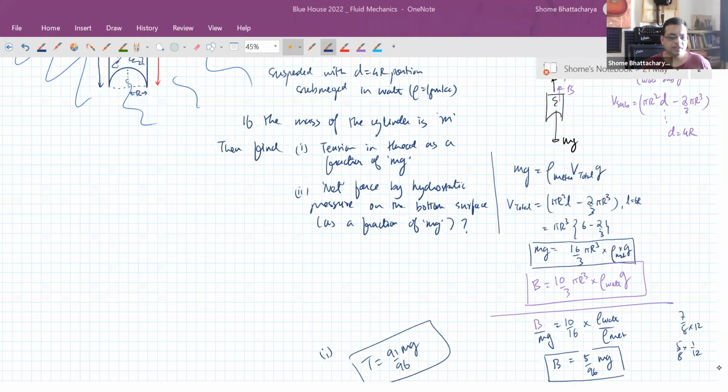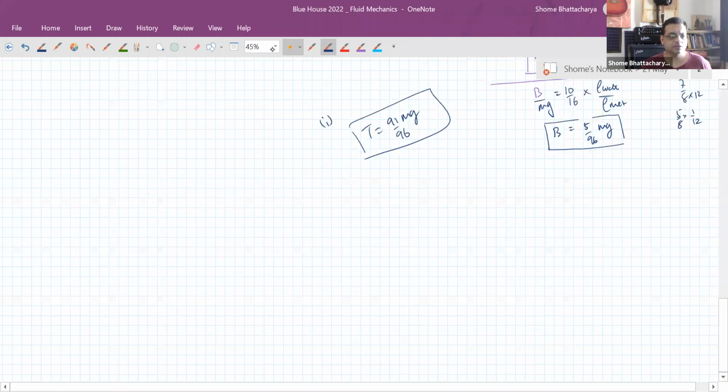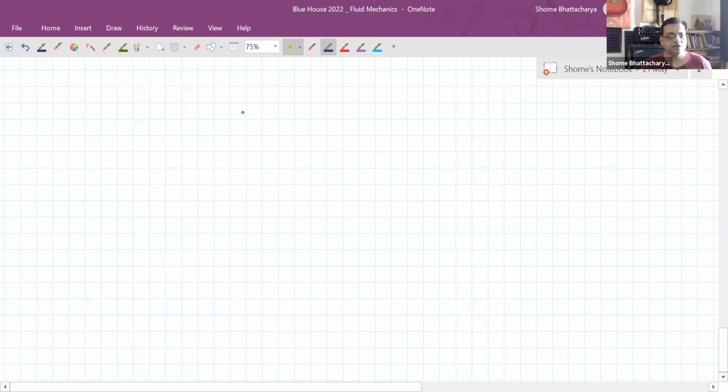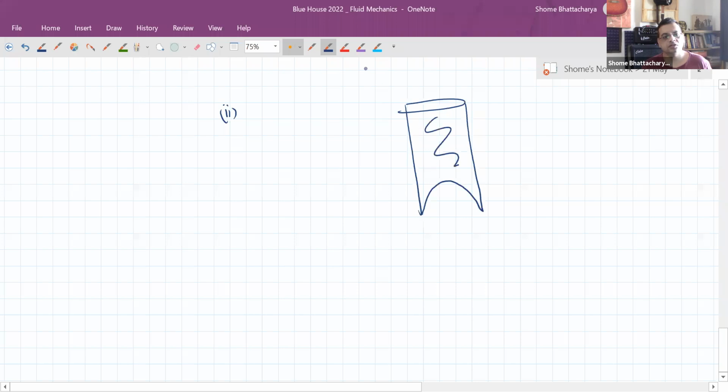Okay, now what about the second part? It's almost like a trick question actually. It's very simple. As far as the second part is concerned, you know that on the cylinder, the net force due to hydrostatic pressure is only the buoyant force. Since this part is outside water, there is no force due to hydrostatic pressure.